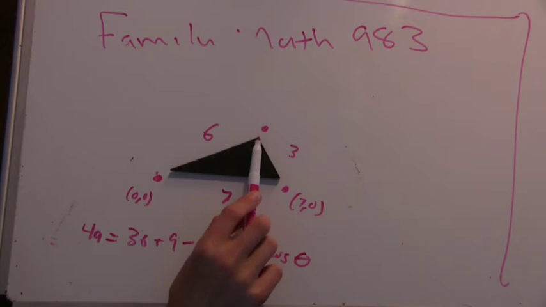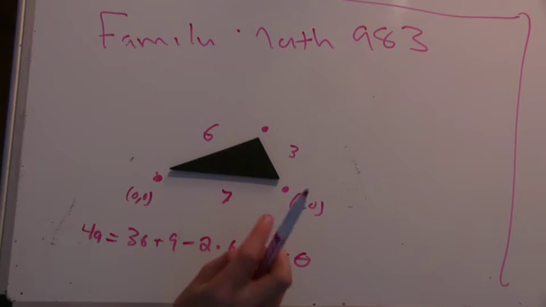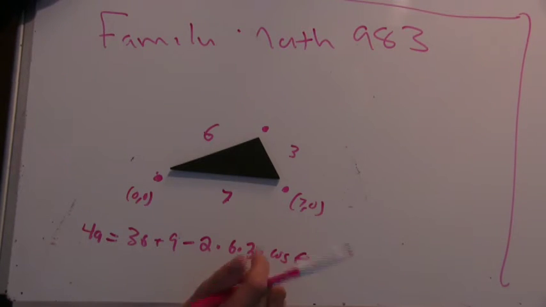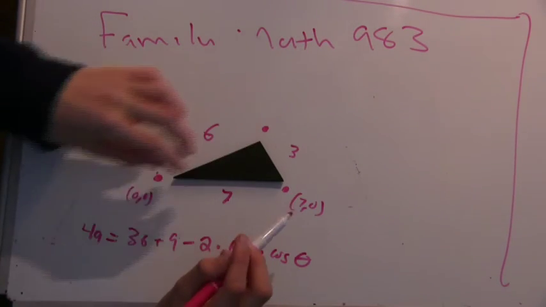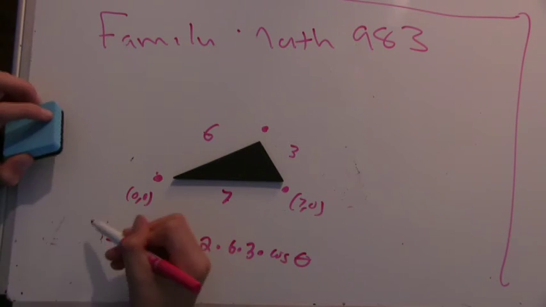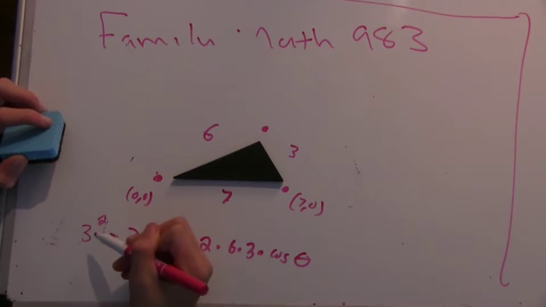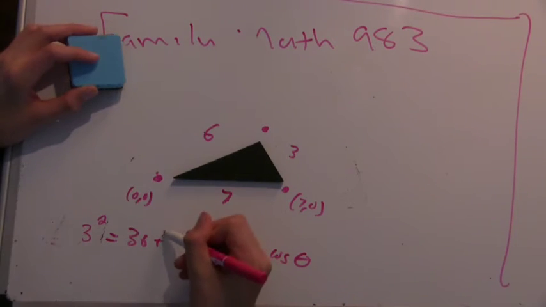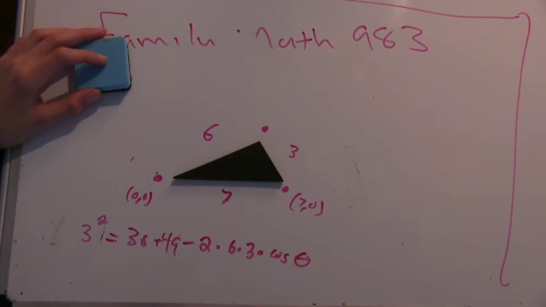So what angle did you find? This angle here. That's going to give you the cosine of that angle, but we don't want that angle, we want this angle. So on this side we have to use a 3 squared, and instead of the 3 squared on this side, we put the 7 squared.